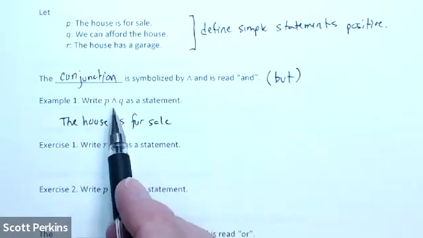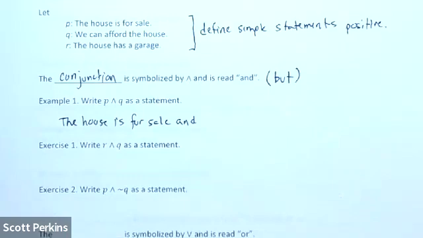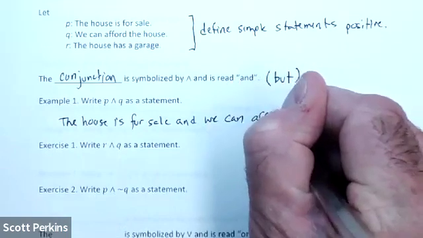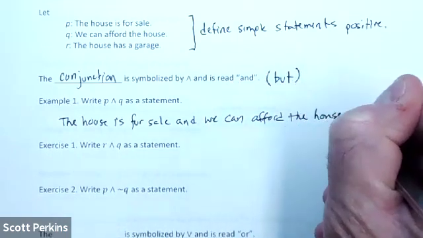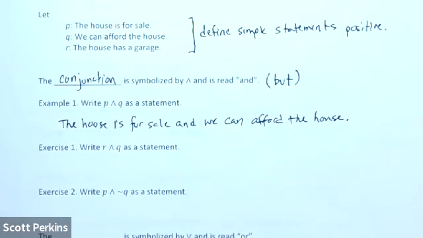The caret means and. Statement Q is we can afford the house. That's good news. So P caret Q, P and Q is the house is for sale and we can afford the house.